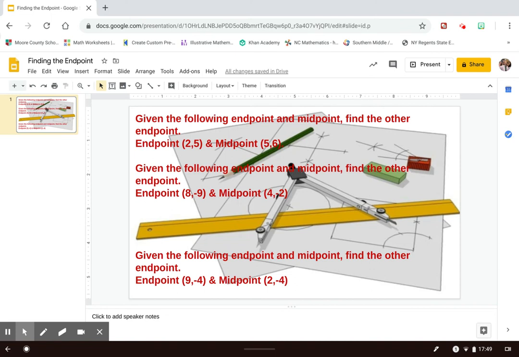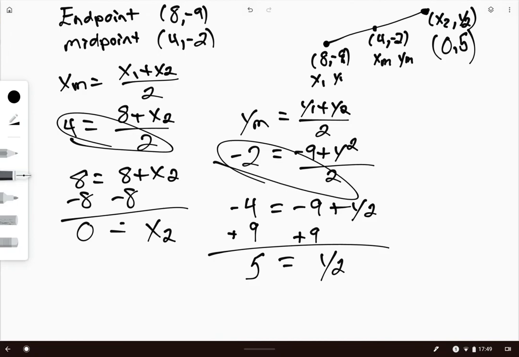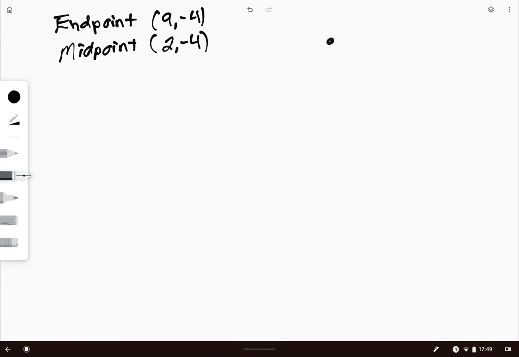All right, so for the third example, it says, given the following endpoint and midpoint, find the other endpoint. So I have the endpoint of 9, negative 4, and the midpoint of 2, negative 4. Again, for the sake of clarity, we'll just sketch a line over here.